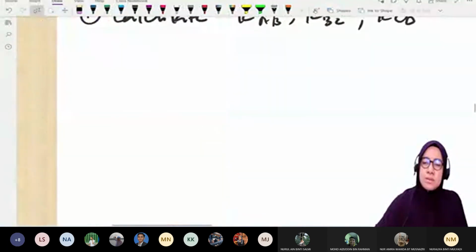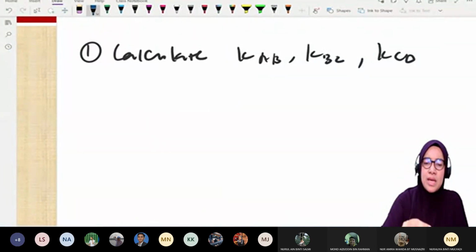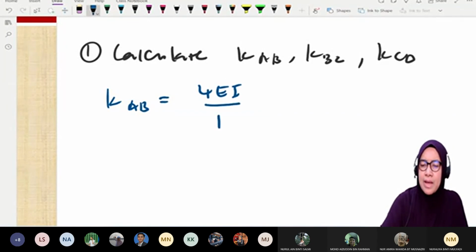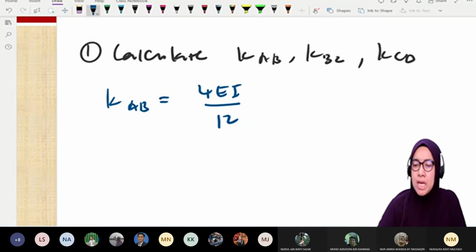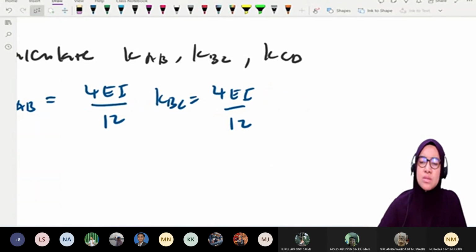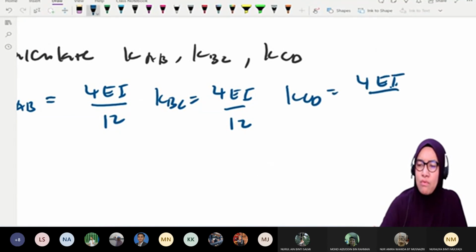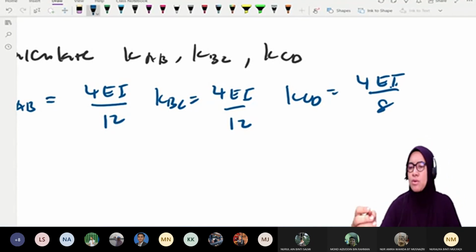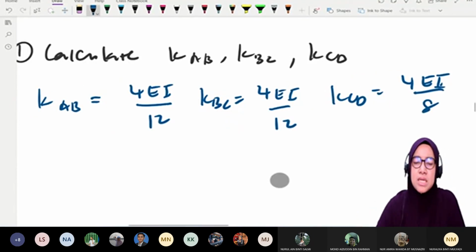So we can calculate KAB equal to 4EI, with EI constant remaining, divided by 12. KBC is also 4EI over 12. If EI is not constant, we have to include it here. And KCD, we use 4EI over 8. This is quite straightforward, just like this.